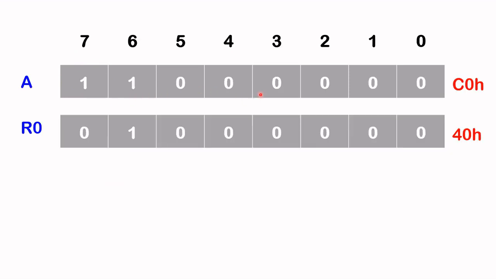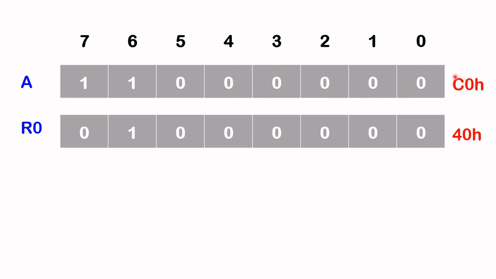Now, I'm going to copy two values into two different registers. The first one is register A, or the accumulator. I'm going to copy C0 hexa. In binary, that would be 1, 1, 0, 0, 0, 0, 0, 0.